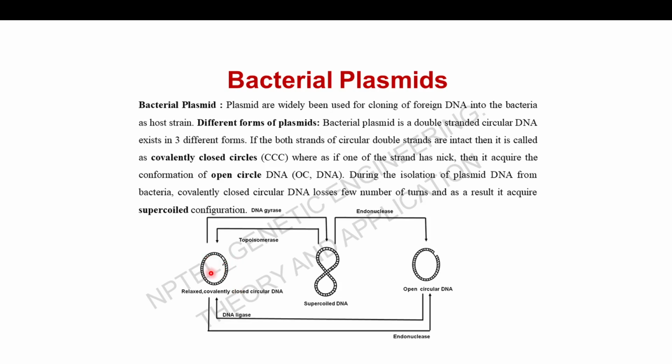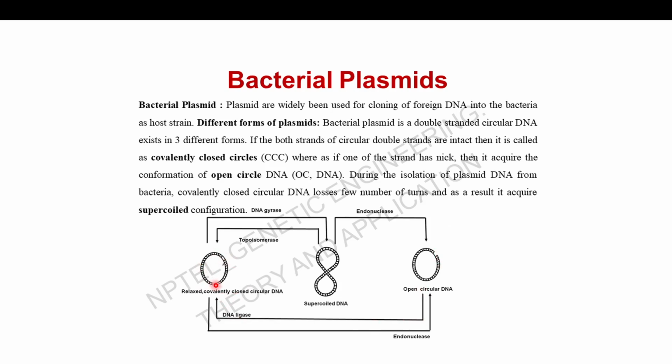Now, if you treat this using endonuclease, the endonuclease will cut the DNA at its backbone. So endonuclease treatment can give us this nick. See this gap here. So it will result in open circular DNA. When the same open circular DNA is treated with ligase, this will join the nick, thereby giving us completely closed circular DNA.